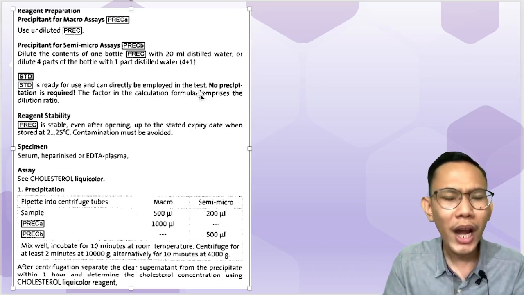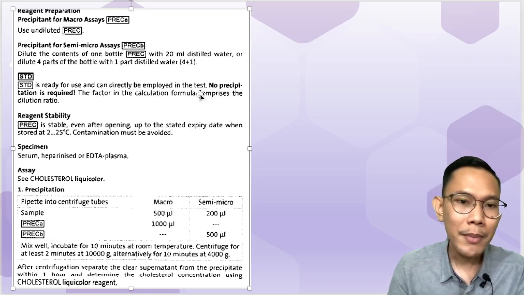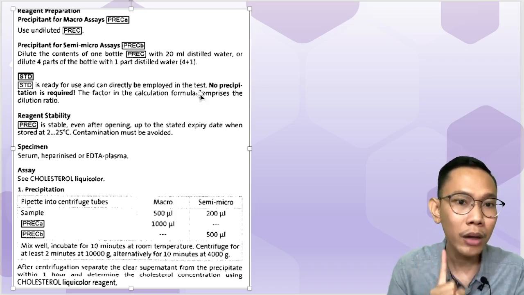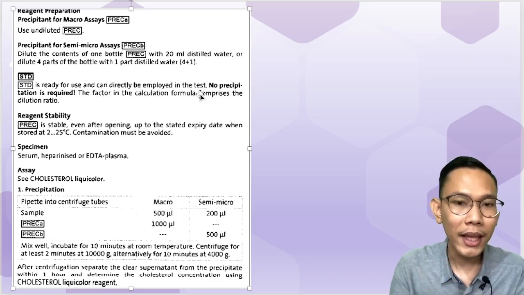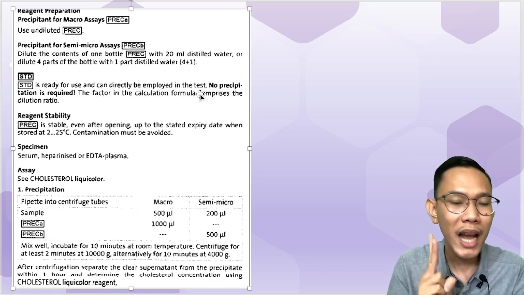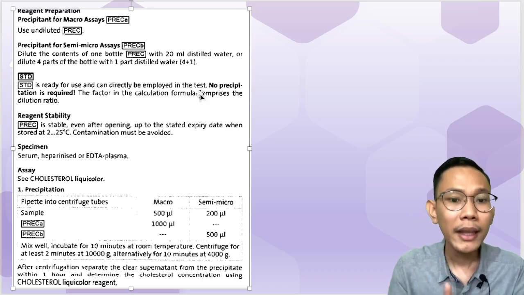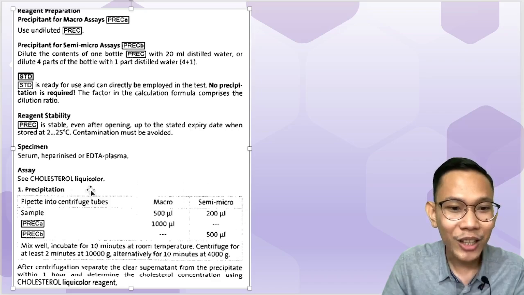So again, Doc, anong difference ng macro assay sa semi-macro assay? Magdedepende yan. Pag sinabi nating macro assay, mas malaki ang volume na gagamitin natin. When we use the semi-macro assay, ang volume ng sample na gagamitin natin and also by the reagent is maliit lamang. Later on, magigets natin sa ating instruction dito nakalagay.